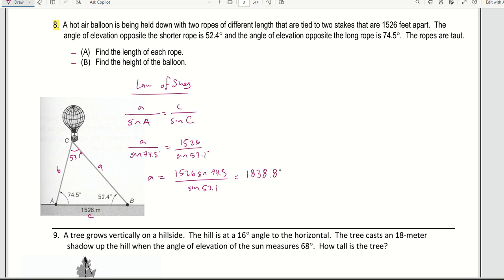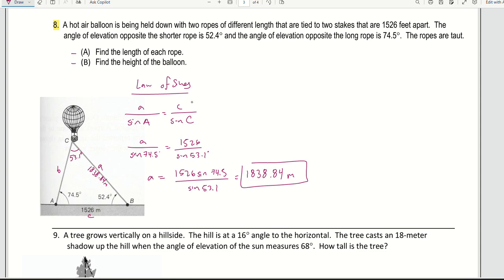And we're in meters, so 1838.84 meters. Great.